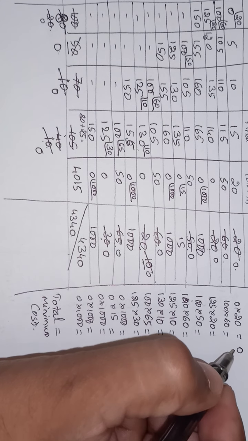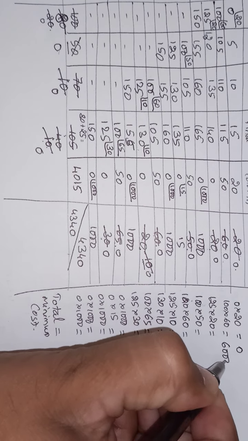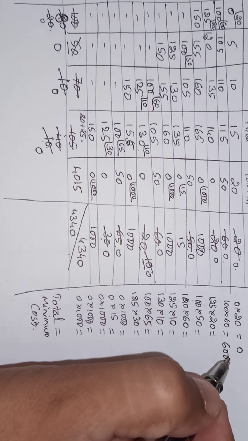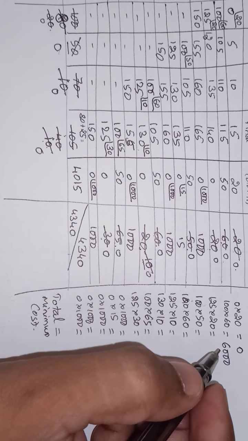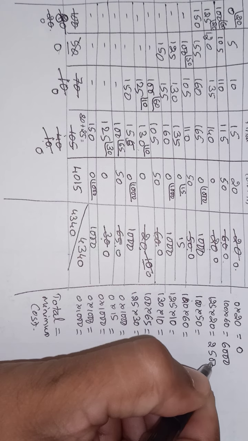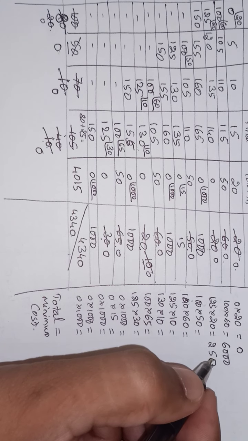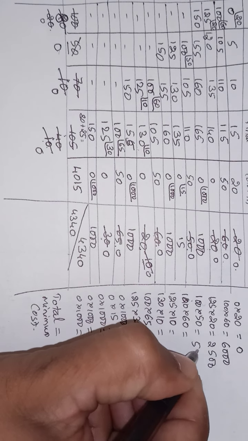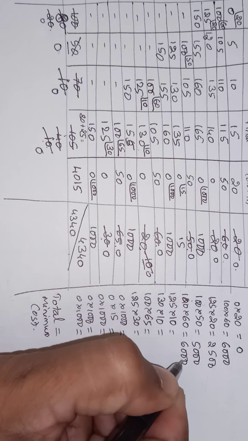So 100 into 60, it will become 6000, right? 6000 plus 125 into 20, it will become 2500, right? 100 into 50, it will become 5000, right? 100 into 60, it will become 6000.